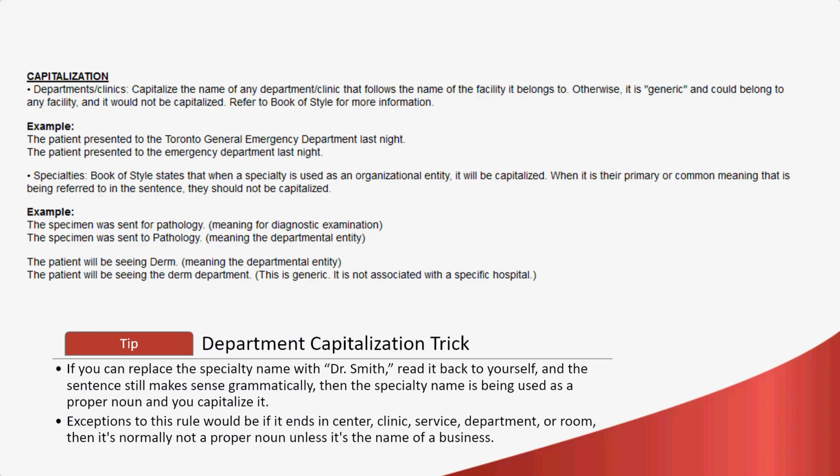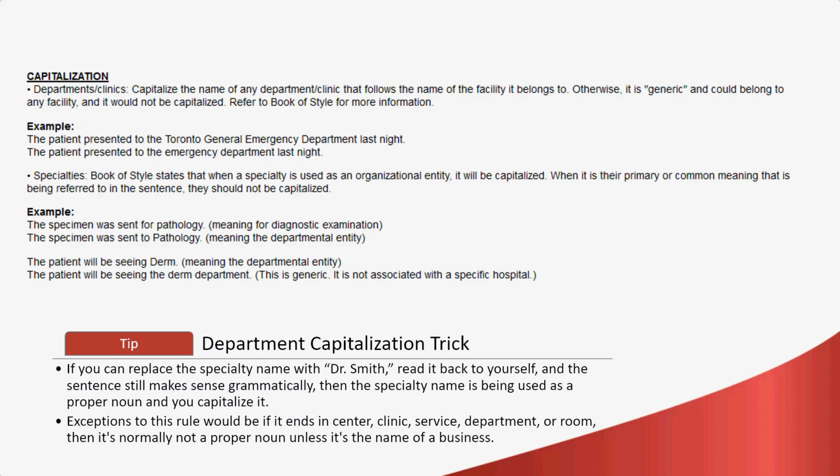I don't have an example of this written down, so this might be hard to picture in your head. But if you think how they say the patient will see doctor name, comma, urology. So that added little tidbit at the end of it, you know, the department name or specialty that that doctor works for. A lot of people will think, okay, the patient will see doctor name, Dr. Smith.